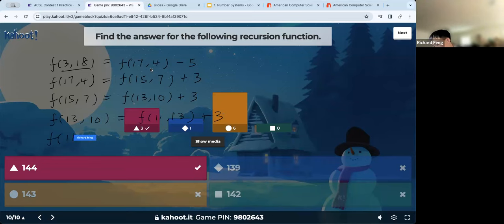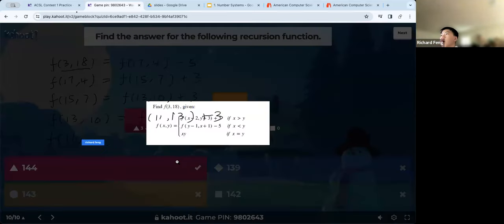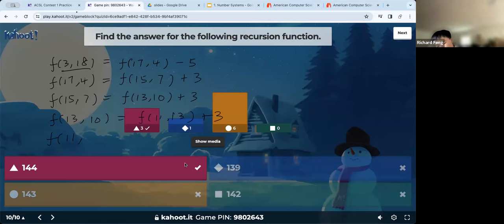And the base case is x equals y, so we have to keep going until x and y are equal. Okay, we finally arrived at f of 12 comma 12, which is xy, so this is 144.